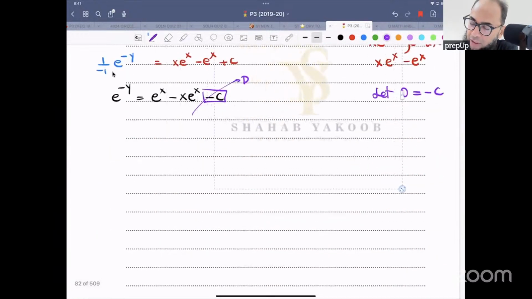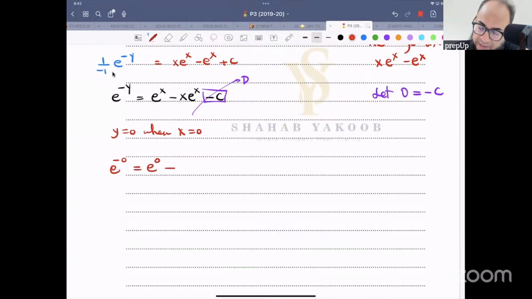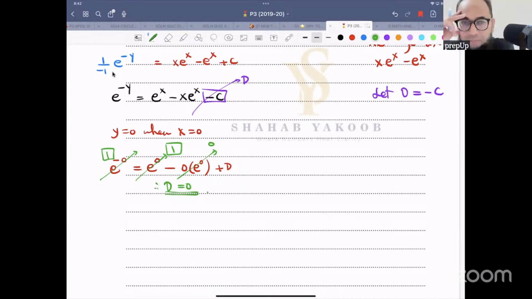So y is 0 when x is 0: e^(-0), e^0 equals 0 minus e^0 plus d. e^0 is 1, e^0 is 1. This becomes 0, 1 on the left, 1 on the right. Therefore, d comes out to be 0. That is the first thing that needs to be done.